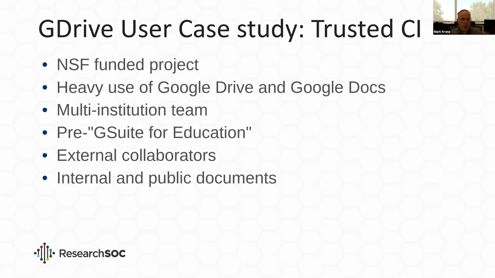So we have this somewhat unique use case, from Google's point of view, of multi-institution teams that are highly collaborative, and we need to move documents around between the teams. Maybe they didn't fully prepare for that situation. And I think this use case is very similar to a lot of academic project use cases.